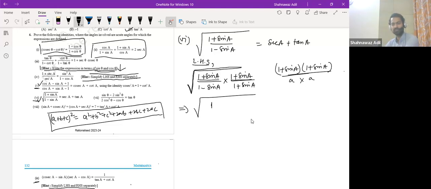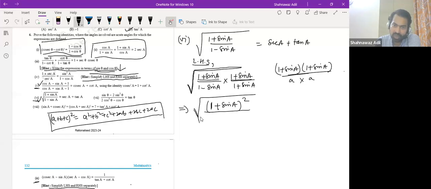So it will be 1 plus sine A whole square. Good. First we do simple things, and then we think. I guess you are overthinking, going ahead of this step. First we complete the next step.